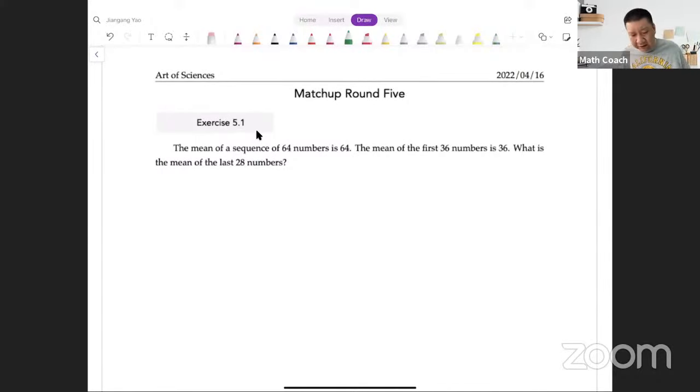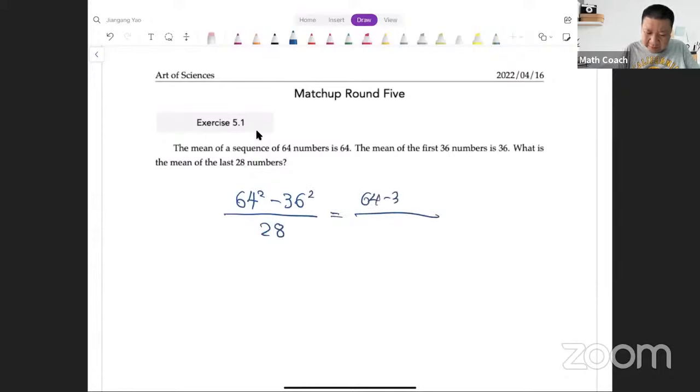And this is just a simple calculation. But for that calculation, I think what we can use is the difference of squares formula, right? And so that's why it becomes 64 minus 36 times 64 plus 36, divided by 28. And the answer is 100.